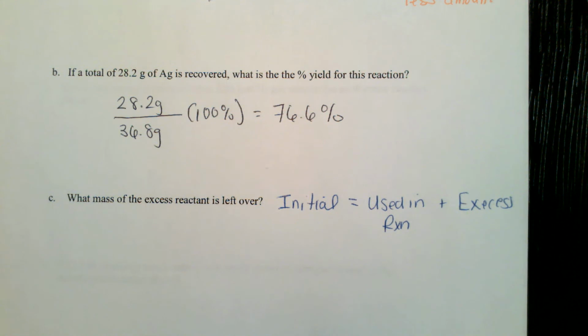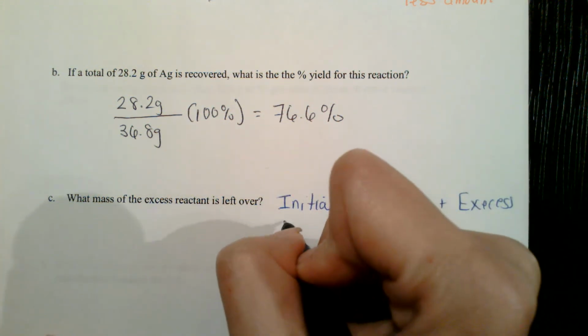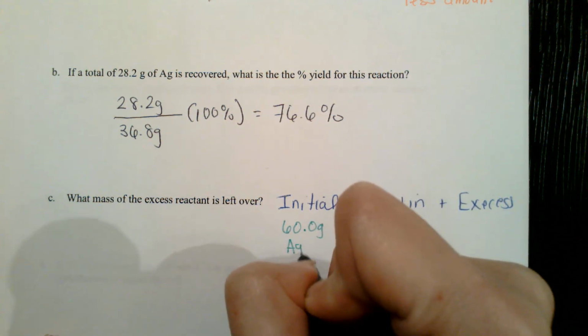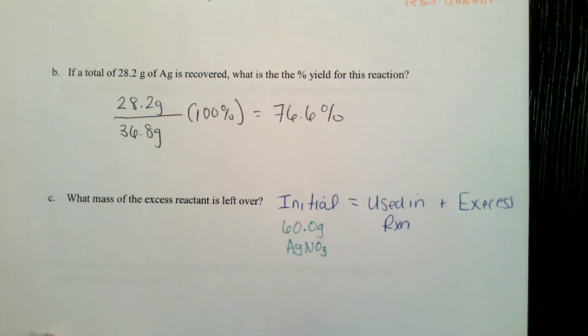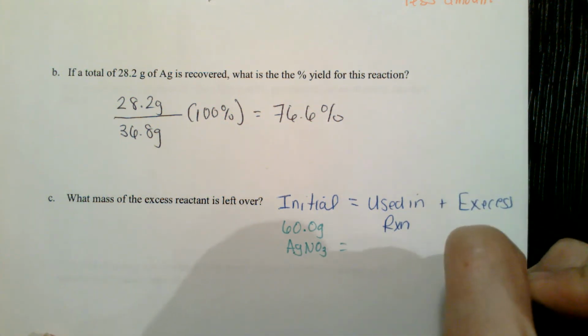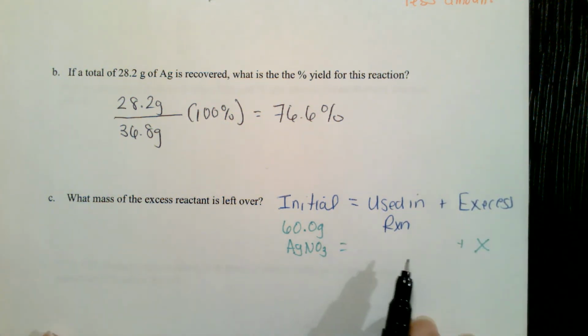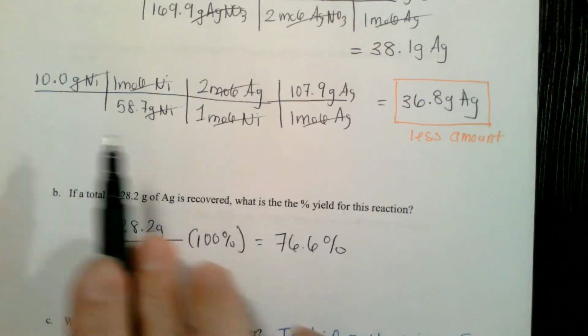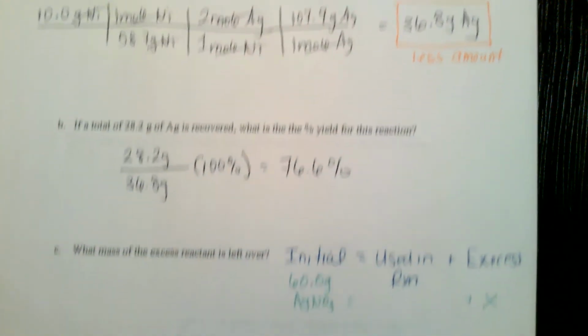So for solving this problem, we know that initially we had 60.0 grams of AgNO3. We're solving for the excess, so that's X. There has to be a way for us to solve what was used in the reaction, and it turns out there is. We're going to use stoichiometry to see what was used.